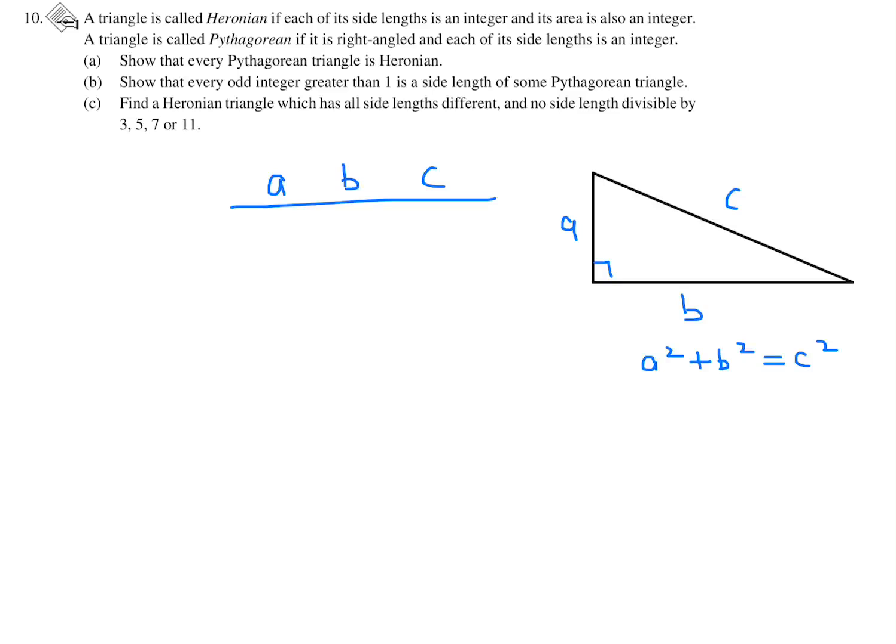We all know that. So every odd integer greater than 1 is our criteria, is a side length of some Pythagorean triangle. So all our odd integers greater than 1 are 3, 5, 7, 9, like that, right?